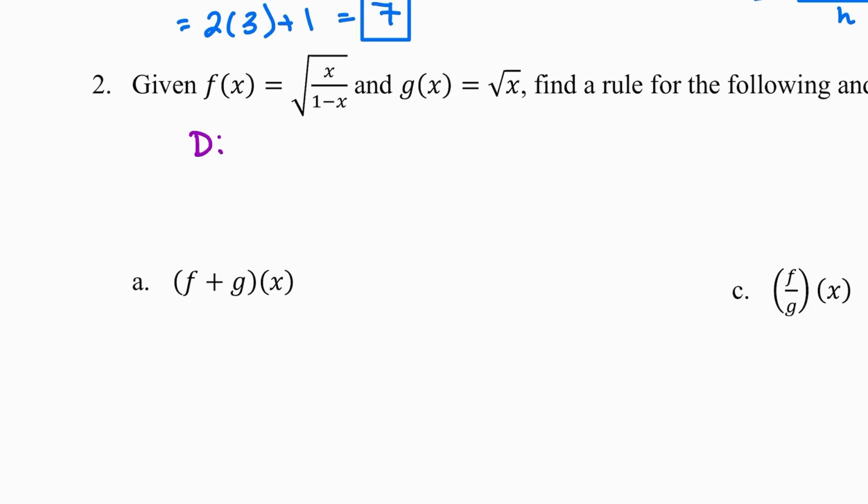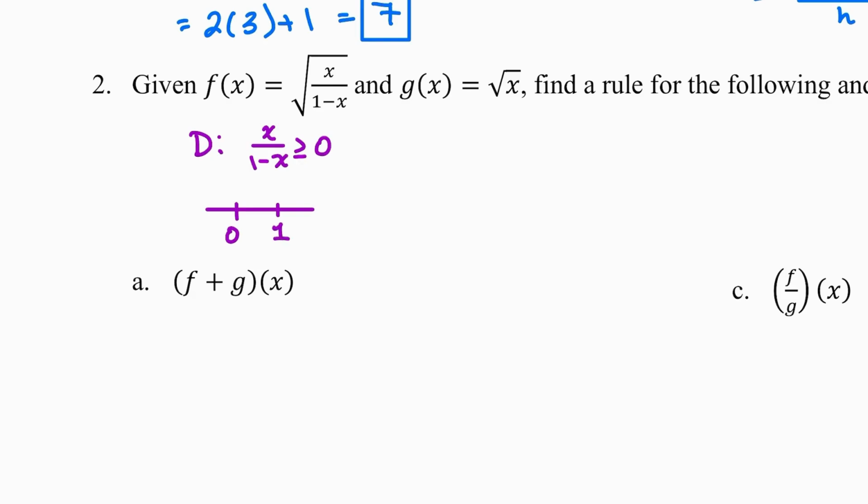Well, the domain for this function here would mean that the radicand, the thing on the inside of the square root, has to be greater than or equal to 0. Well, if I'm going to solve this, since we have multiple x's, I'm going to use the wave. The value of x that makes the numerator 0 is 0. What makes the denominator 0 is 1.